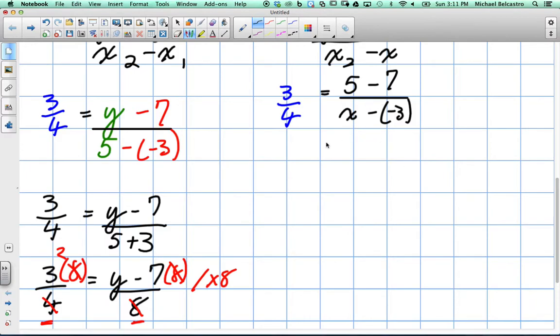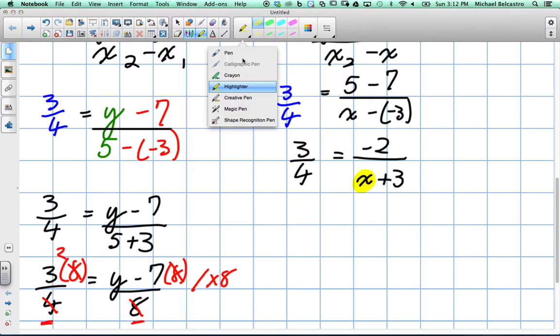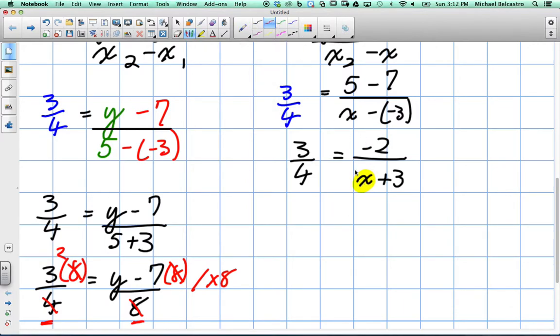Again, let's simplify this. We get 3 over 4 is equal to 5 minus 7, and that we can simplify to just be negative 2, right? So negative 2 divided by x plus 3. Well, we need to isolate for x, and it's on the bottom of a fraction. You may have seen this before where they tell you to make a let statement.